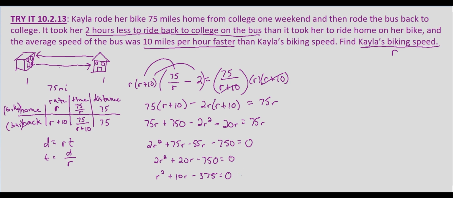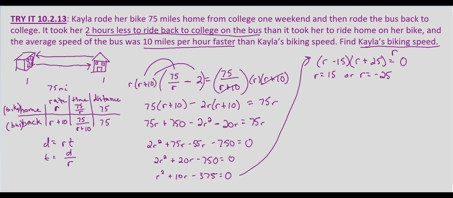So if we factor, this is just going to be r minus 15 times r plus 25. That equals 0. So r equals 15, or r equals negative 25.